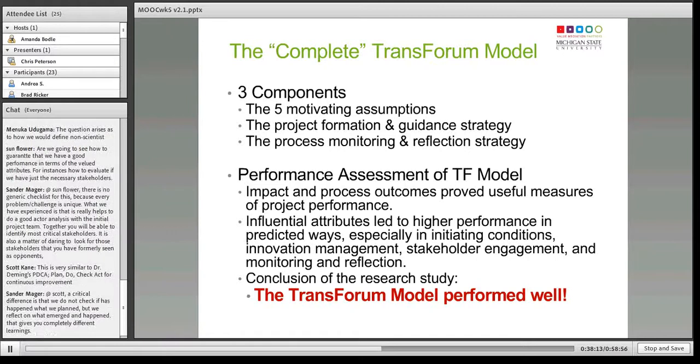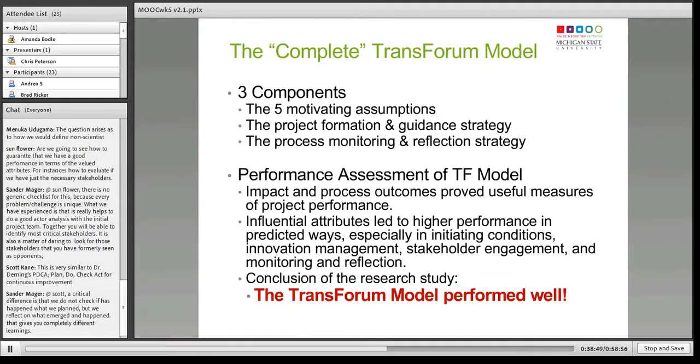So the conclusion of the research study is that the Transforum model performed quite well, and that in fact it is a model that we ought to draw learning from as we create projects wherever we may be in the world right now, to again think about how we would manage these various kinds of projects.